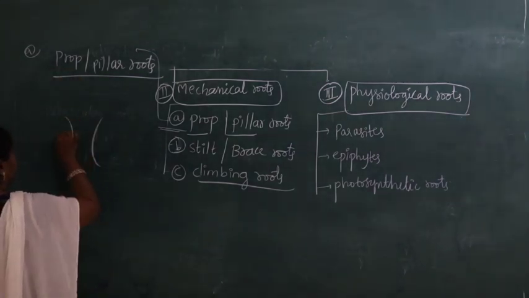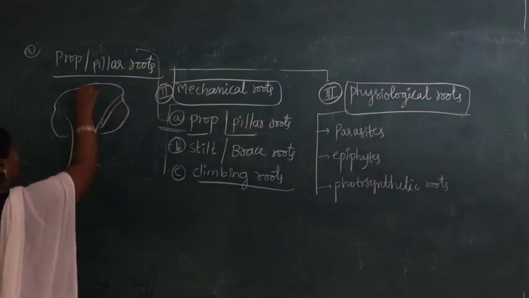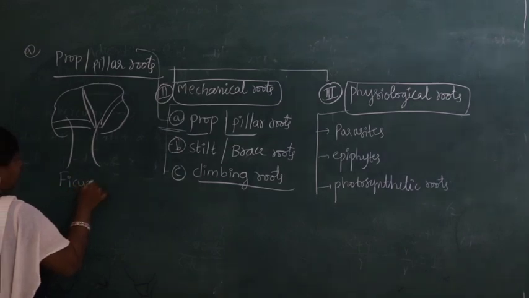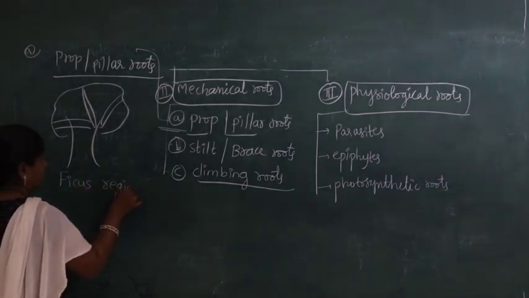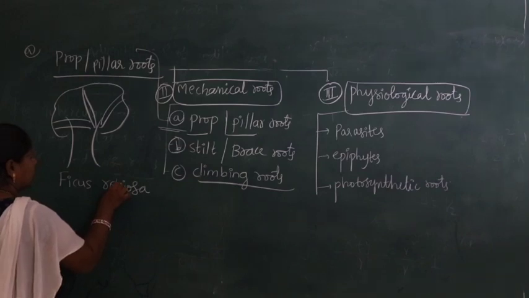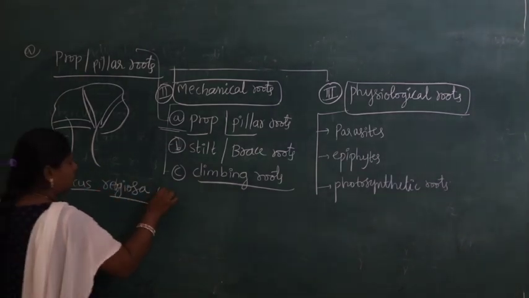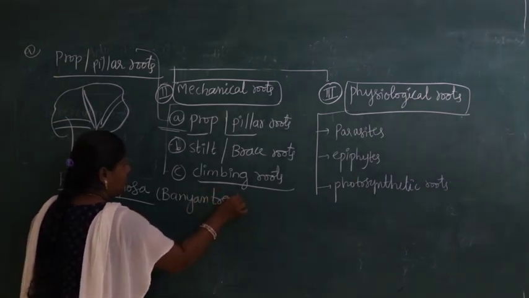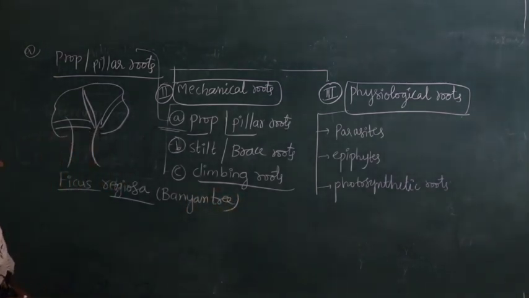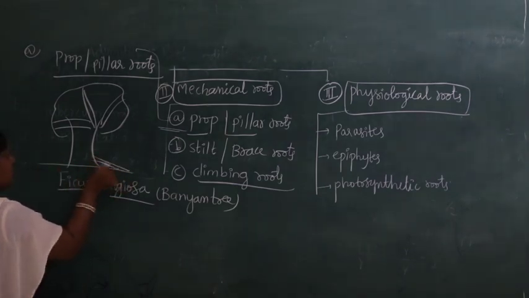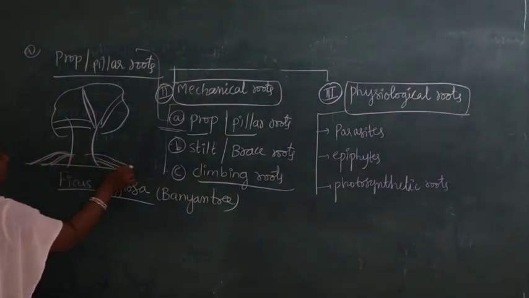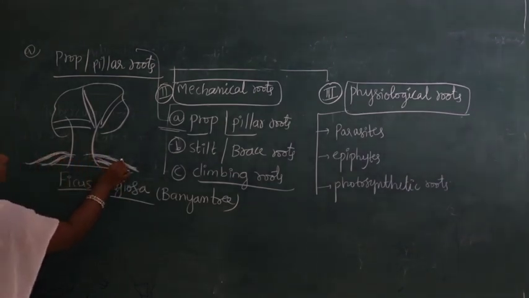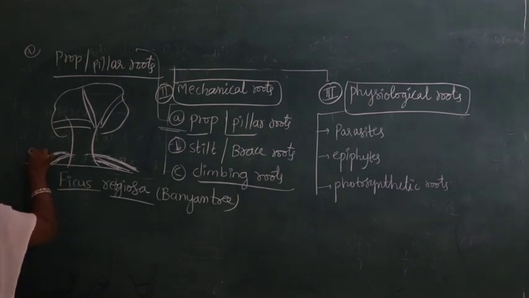As I told you earlier, in case of banyan tree, Ficus religiosa, it's commonly called a banyan tree. Now in this example of banyan tree, what did we discuss? Already we find horizontal roots on the base, very thick woody aerial roots. What do we call them? We already discussed, they are called buttress roots.